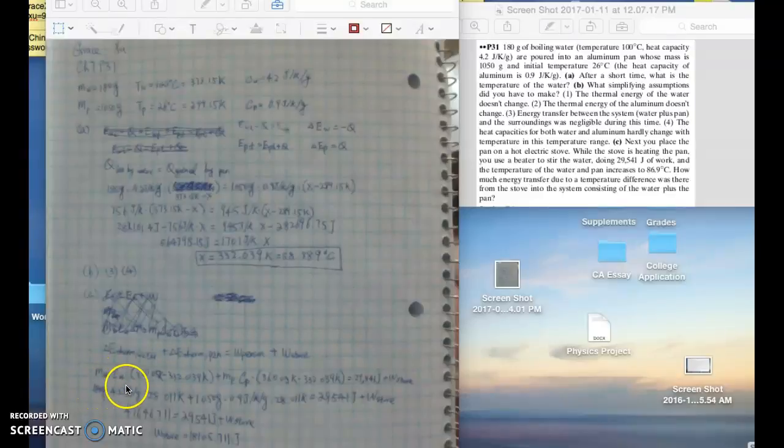And here I calculated the delta E therm for the water, and here's the delta E therm for the pan, and we know how much work the person did, so this is the only unknown variable in our equation, and I just went ahead, did the calculation, and solved for it, and it turned out to be 18,105.711 joules. Thank you.